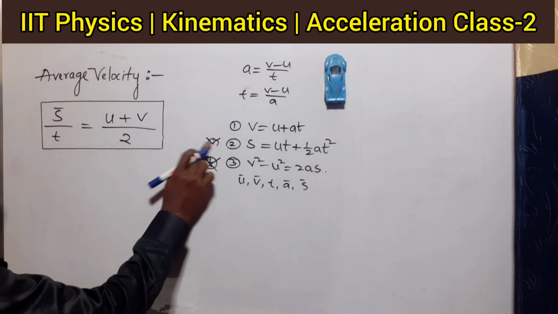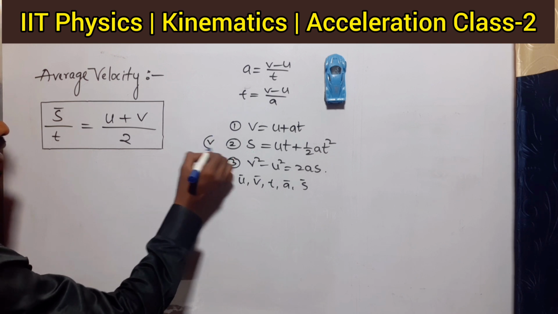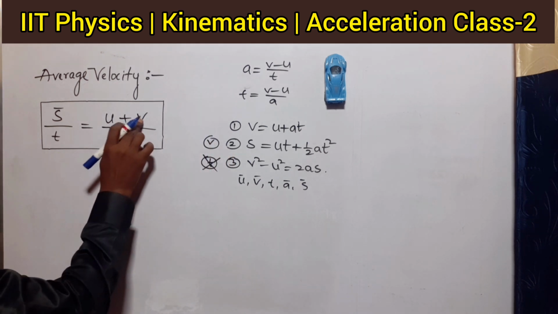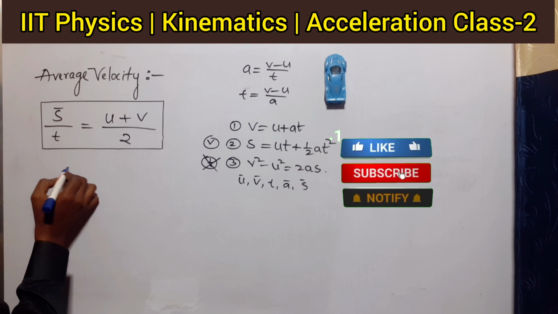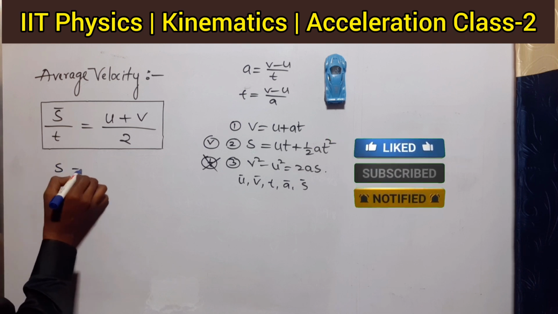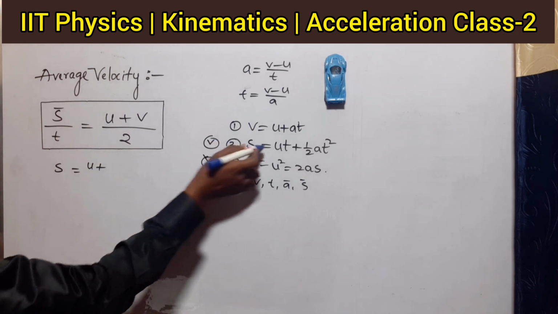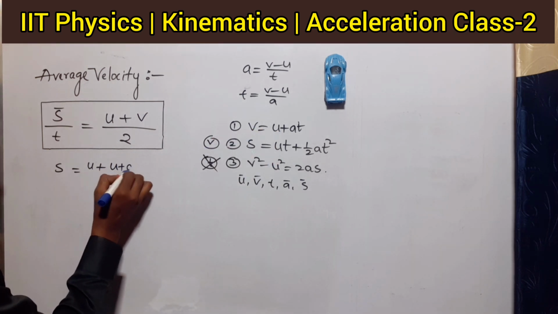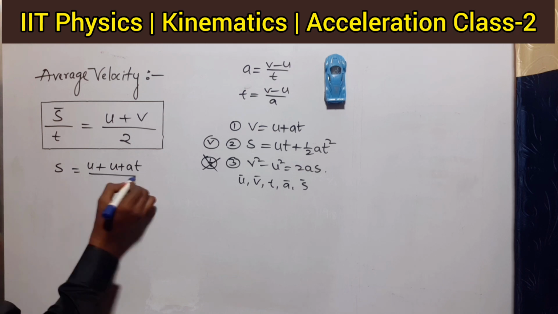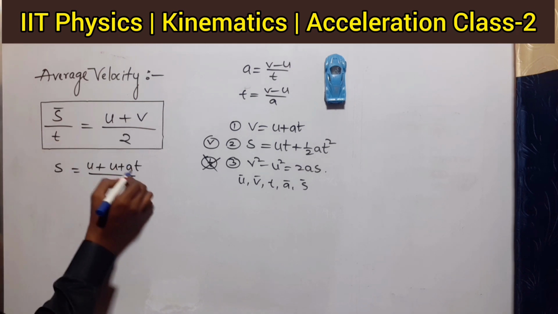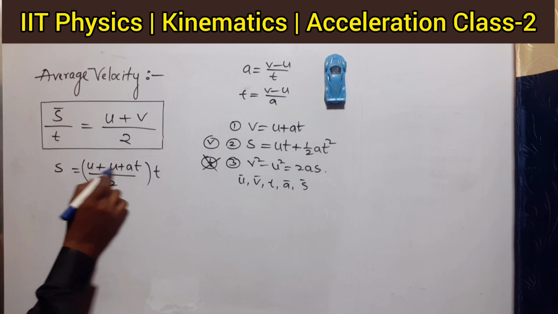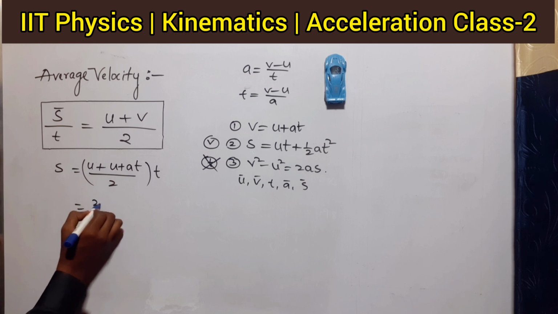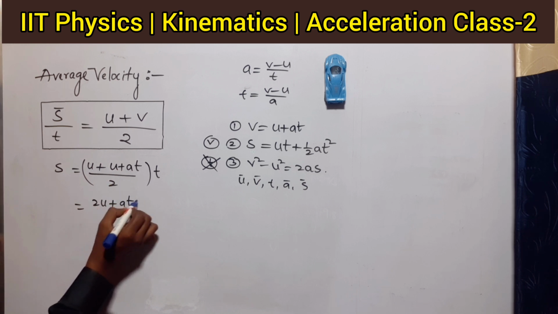To get the second equation, we have to eliminate v. To eliminate v, we substitute the v value in terms of other variables. So s by t equals u, the initial velocity, plus v, which I am taking as u plus at, by 2. Transposing t to the other side, it multiplies the whole RHS. Next, u plus u, like terms add, 2u plus at, whole by 2, into t.